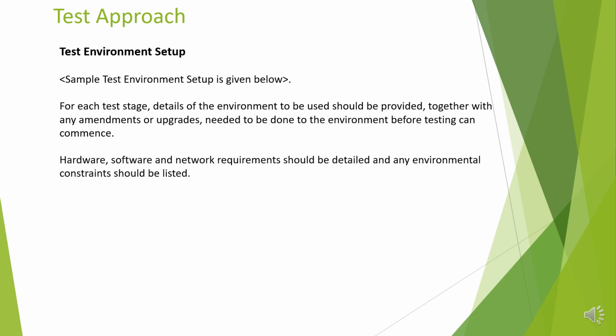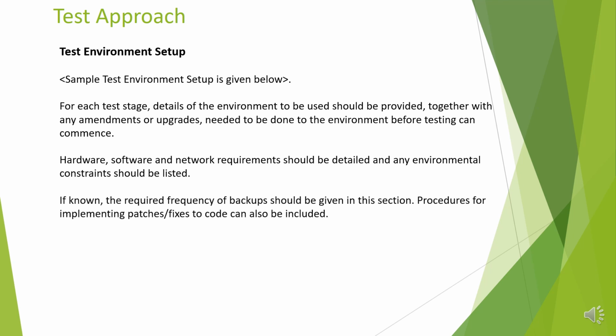Hardware, software and network requirements should be detailed and any environmental constraints should be listed. If known, the required frequency of backups should be given in this section. Procedures for implementing patches or fixes to code can also be included.